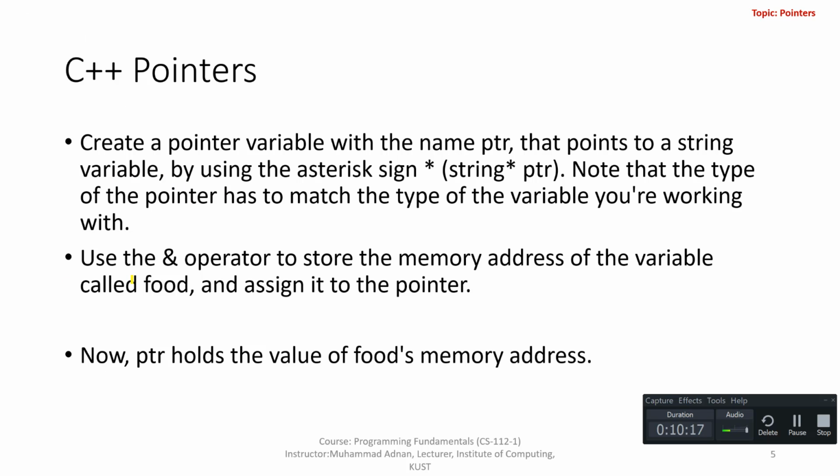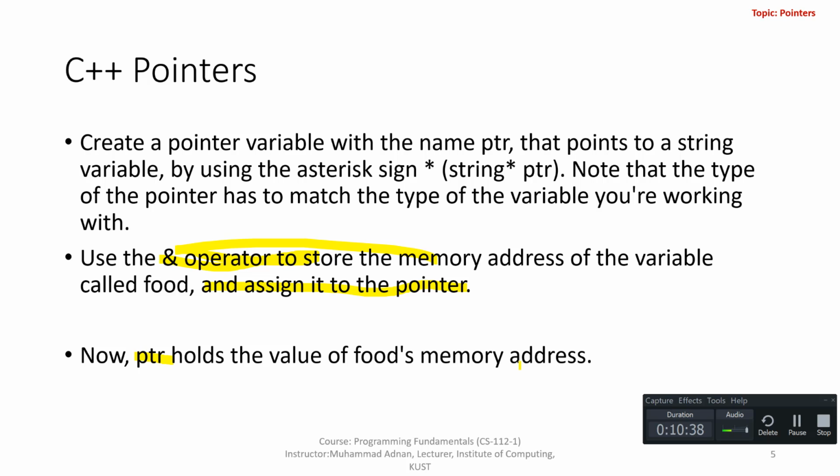This is what the sentence says: use the ampersand operator to store the memory address of the variable called food and assign it to the pointer. So we then assign that variable's address to the pointer. Now ptr holds the value of food's memory address, which is the address of the food variable.